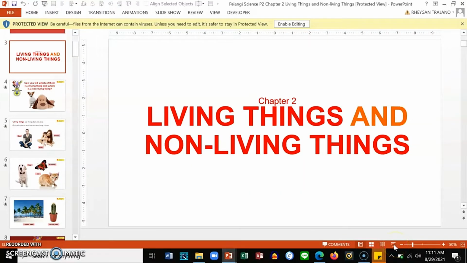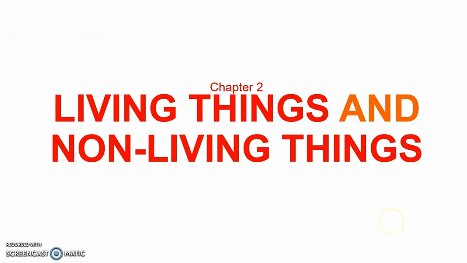Grade 2 students. Okay, this time we are going to review living things and non-living things. We have to divide the lesson into two parts. For the first 6 minutes we will discuss living things and non-living things, and the remaining 6 minutes we can review the first chapter or first unit of our lesson.